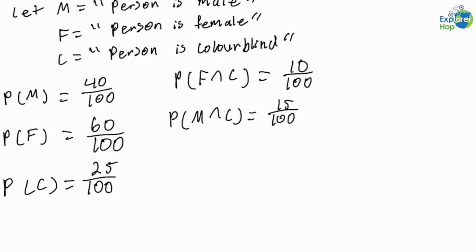Now, to find the probability of a person being colorblind given that they are female, we need to find the probability of event C given F, and we can do that by using this formula.